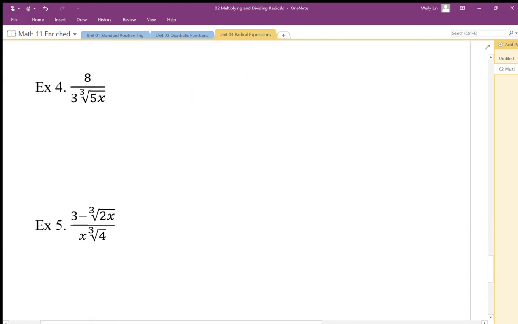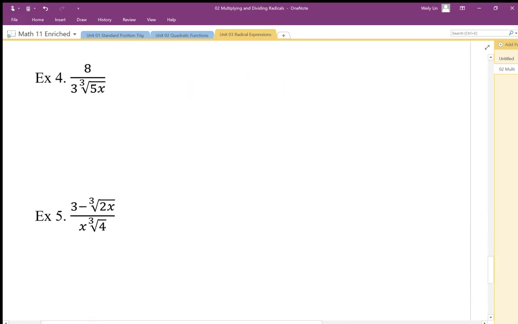Now, when I have cubes, this is going to pose a little bit different problem in that if I want to get rid of a cube root, I need a perfect cube. So I need to generate a perfect cube in the denominator. Now, if you're thinking ahead to, well, what if this is a binomial cube root? Well, we don't have a way really to deal with that.